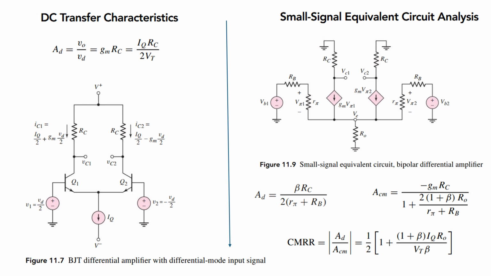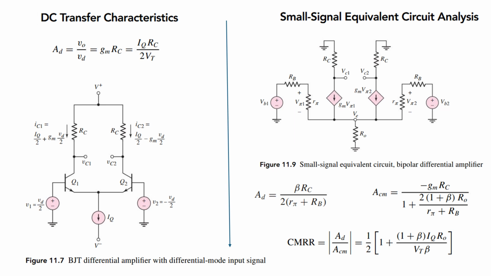If you want to move through the base terminal, then zero base voltage, VBE, and your IRE is like the IQ, that will be equal. In that manner you can find out AD, the differential mode gain. That will be V out by VD, the input voltage, which will be equal to gmRC or IQ RC divided by twice VT. VT is your thermal voltage.